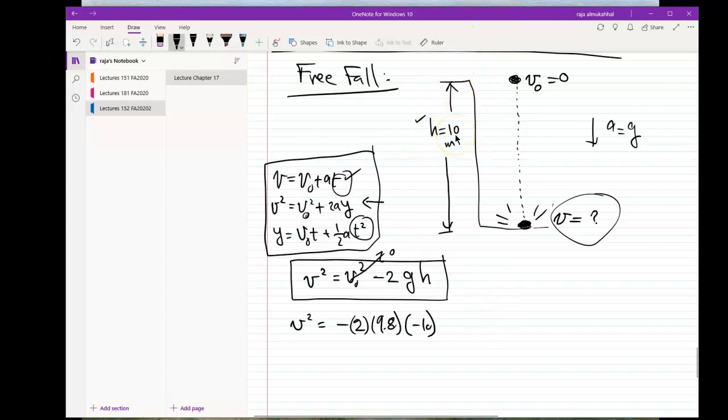In this case V squared is equal to 19.6 times 10, that's 196, positive, and therefore the velocity will be the square root of that. When I do that, the square root of 196 is 14 meters per second.